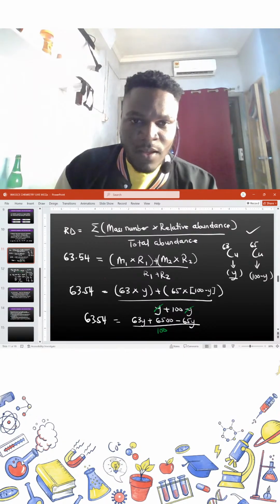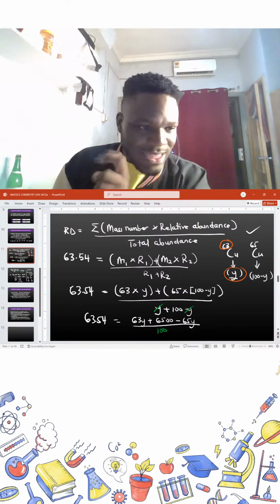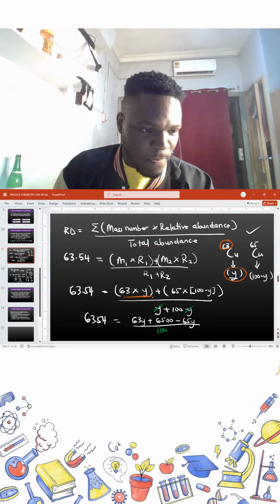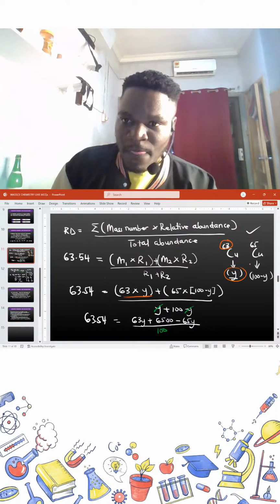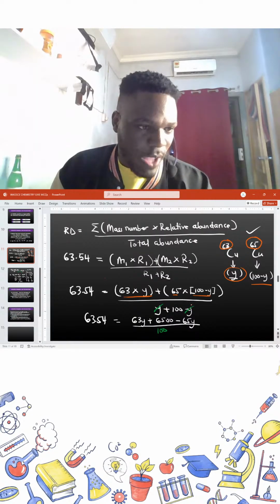So it becomes 63 multiplied by y, as you can see over here. Then plus the second one, copper 65, I took the mass number, which is 65, and multiplied by the percentage abundance, which is now 65 multiplied by 100 minus y.